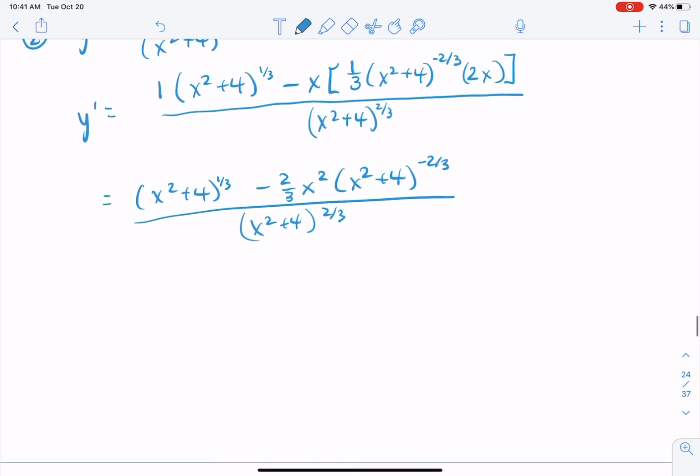So that fancy factoring is going to bring out a factor of x squared plus 4, but specifically to the lowest power, which is the negative 2/3 here. So bring that thing out: x squared plus 4 to the negative 2/3 power. Open up those brackets.